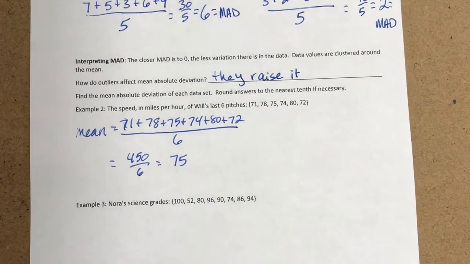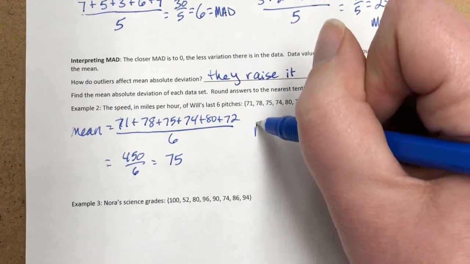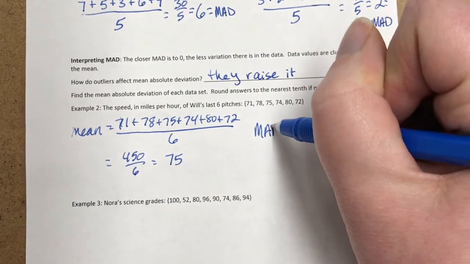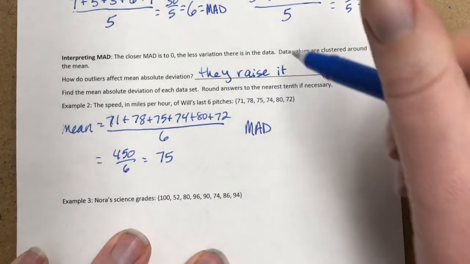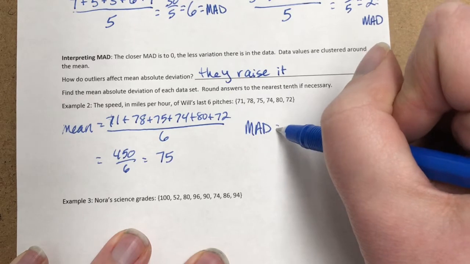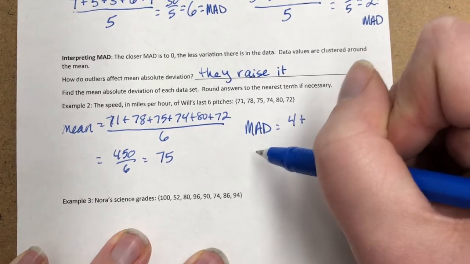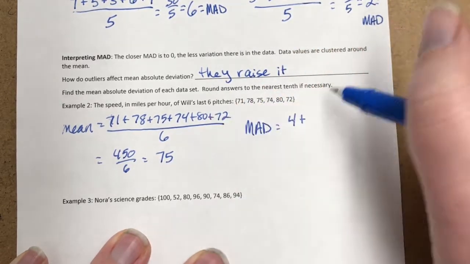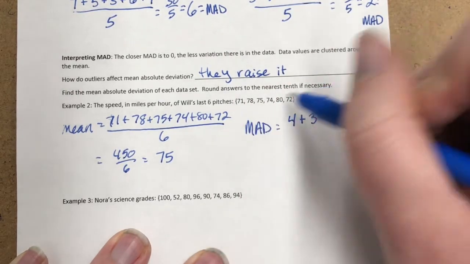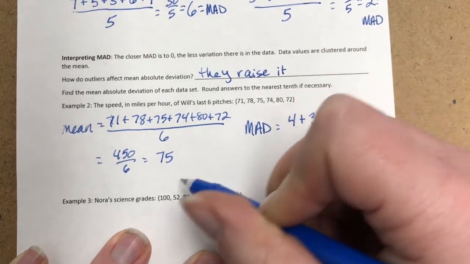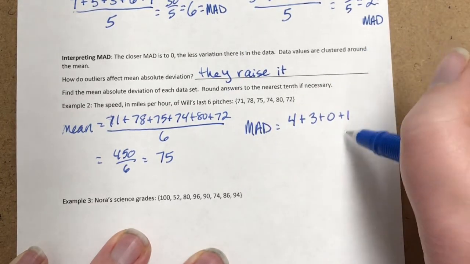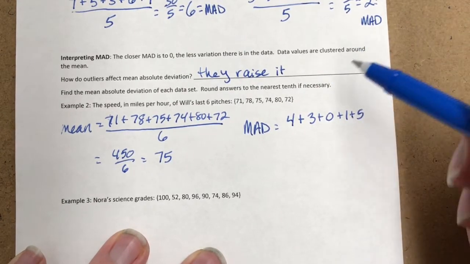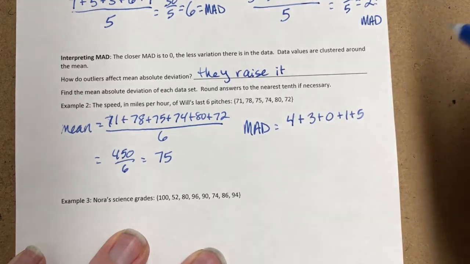And then to find the mean absolute deviation, sorry, I'm going to take 75 minus 71, 78 minus 75, 75 minus 75, 75 minus 74, 80 minus 75, and 75 minus 72.